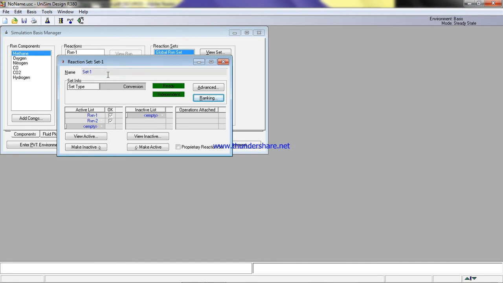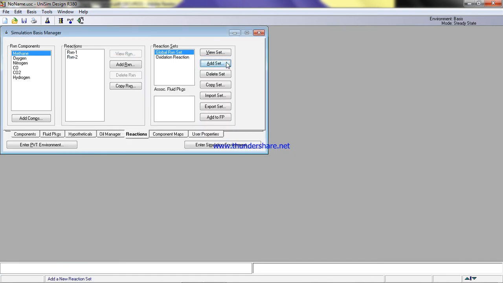Is there any other thing to be done here? Reaction set, you can change the name, and then maybe you call it oxidation reaction. So this has combined the two reactions that are happening in the system. So we close that.